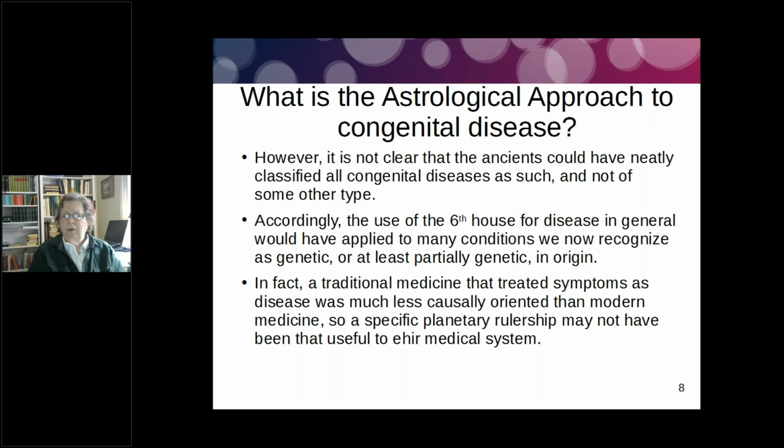Now, of course, there's this whole issue that I alluded to, which is what exactly is a disease. We tend to look at clusters of symptoms now and call the disease, whether we call the disease COVID, whether we call the disease spina bifida, whether we call the disease pleurisy.